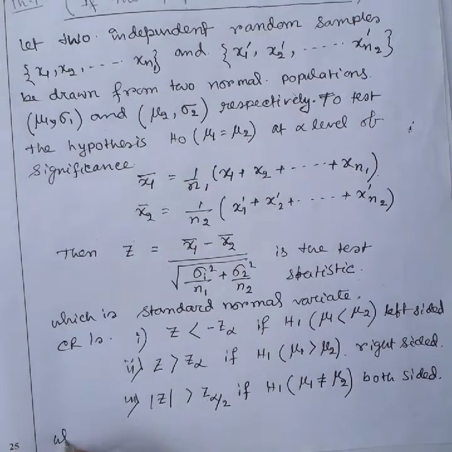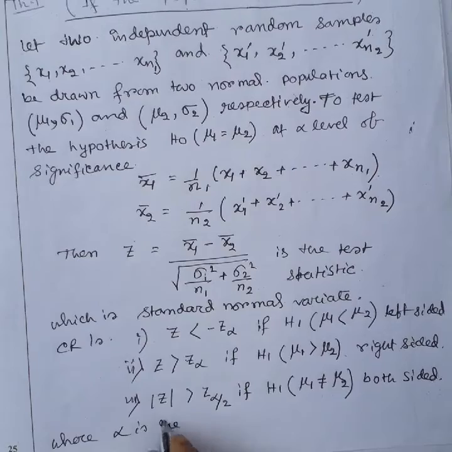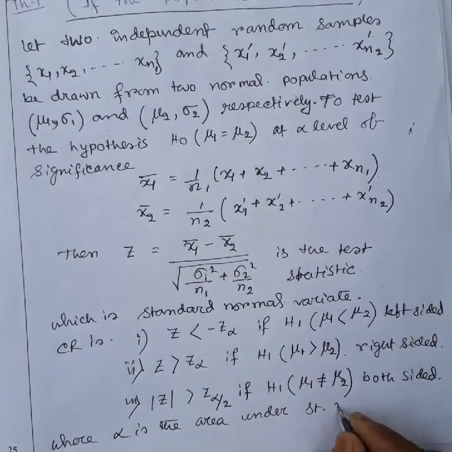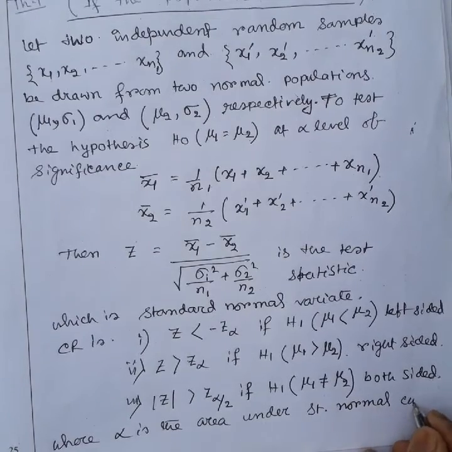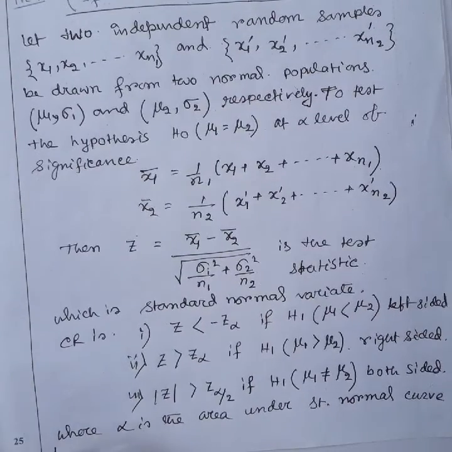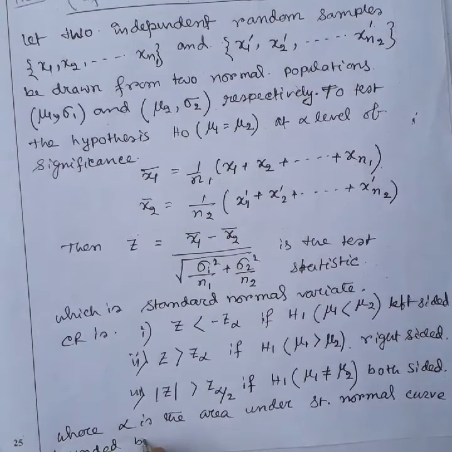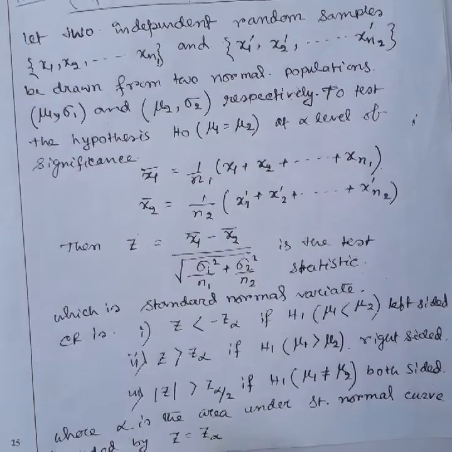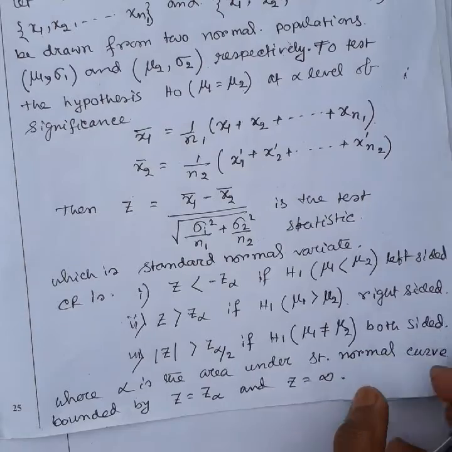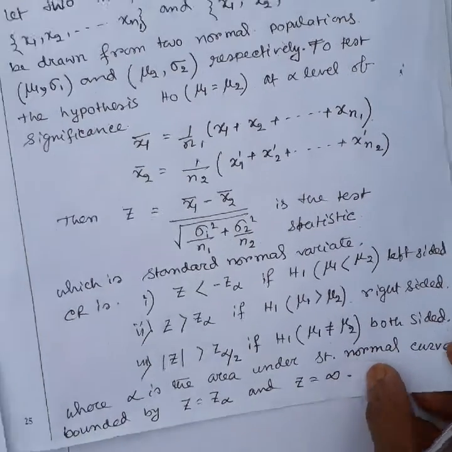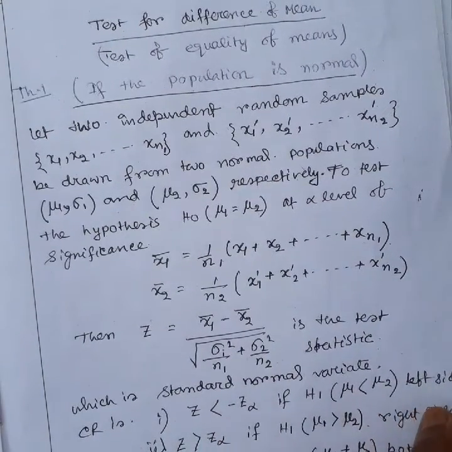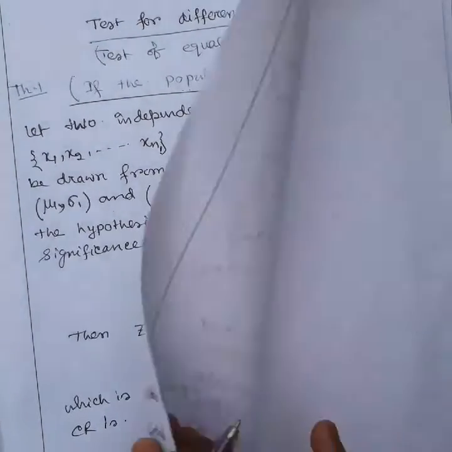Clear? Here alpha is the area under the standard normal curve bounded by z equals z alpha and z equals infinity. Already you have found this portion. This is for when the population is normal.